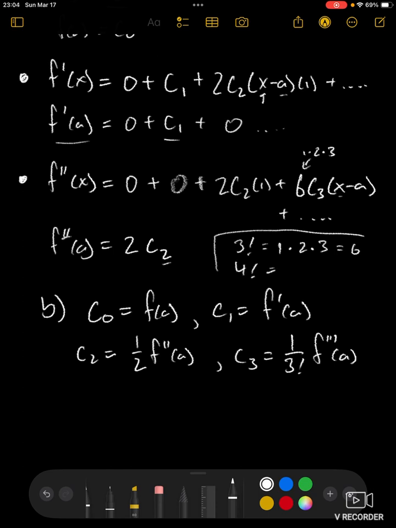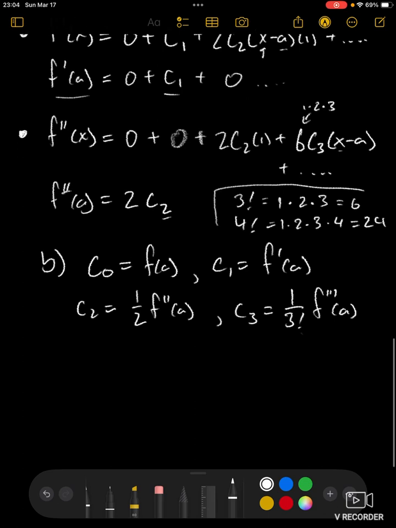We can see that this is repeating because as we bring down the fourth coefficient, that is going to be equal to 24, and so on and so forth. So this is really just taking the factorial, and that is because we always bring the exponent down to become the coefficient, and we multiply what was previously there, which was the previous coefficient. Then it made that exponent minus 1, and so on and so forth.